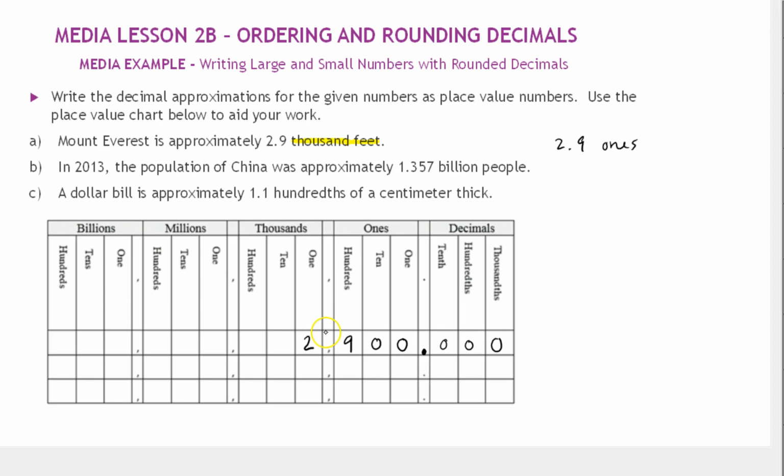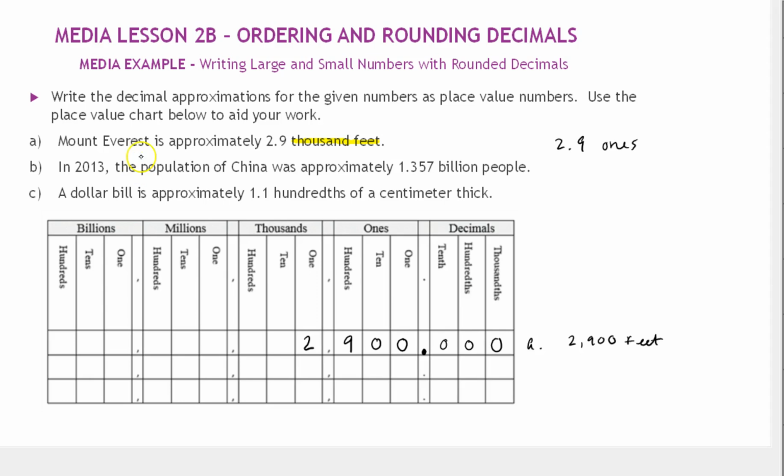So 2.9 thousand feet is 2 1,000 feet. The 0.9, because our place value system is based on 10, 0.9 of 1,000 is actually 9 hundred. So our answer for A would be 2,900 feet. So 2.9 thousand feet is another way of saying 2,900 feet.